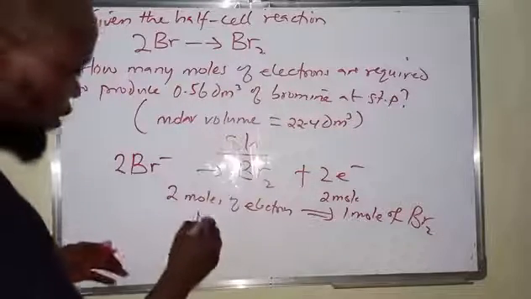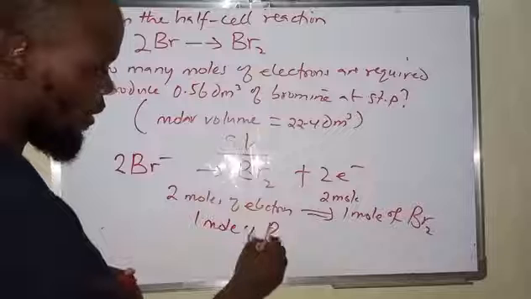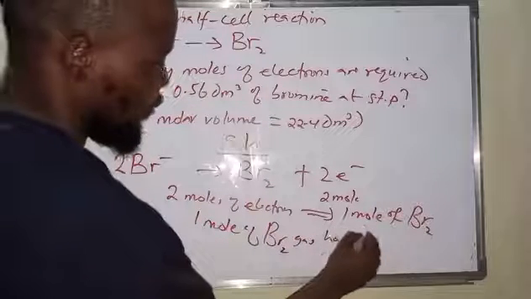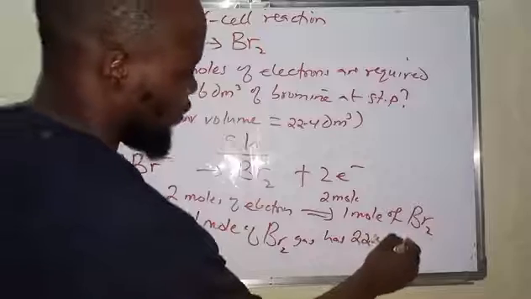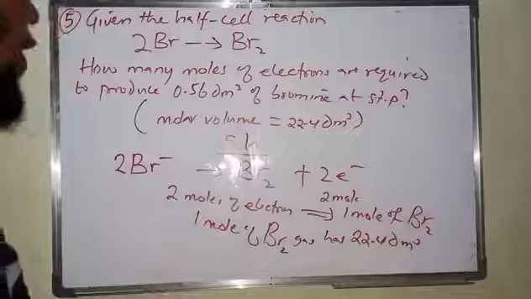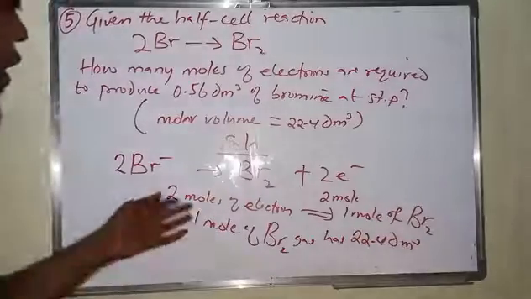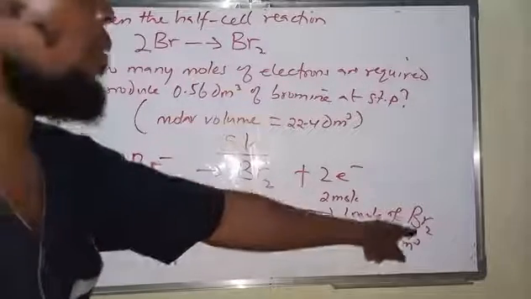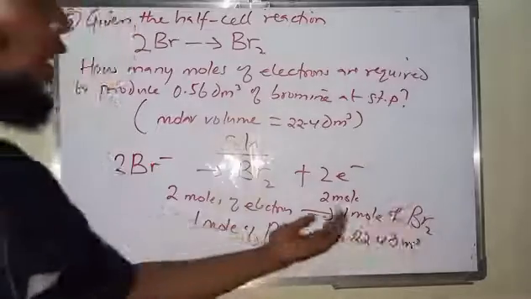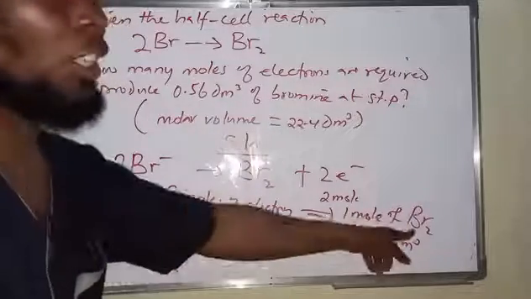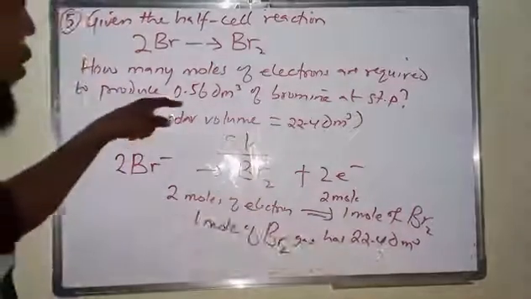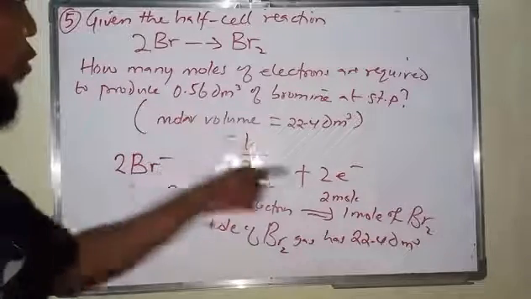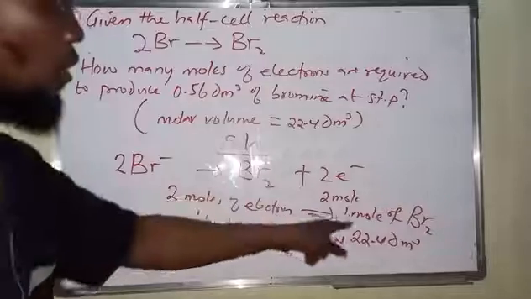So what am I saying? That 1 mole of bromine as a gas has a volume equal to 22.4 dm cube. So if that is the case, it means 2 moles of electrons give 22.4 dm cube of bromine. Instead of writing the mole, we are writing the volume, because the question is asking how many moles will produce this volume.